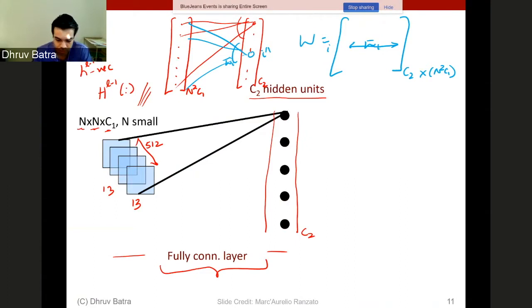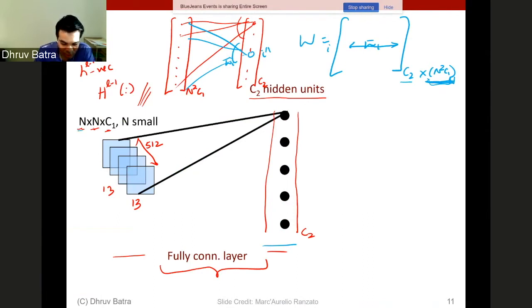The part that does make it tricky is that as soon as you operate with this understanding of the transition from convolution to fully connected layers, you realize that this locks you into a size. This fully connected layer has C2 output neurons and accepts an input vector of size n squared C1, which means it cannot accept an input vector of any other size.